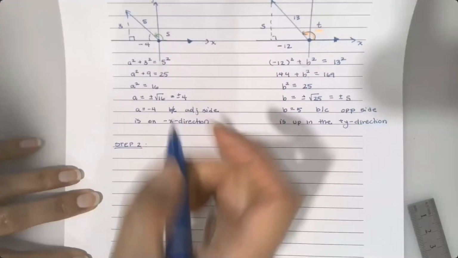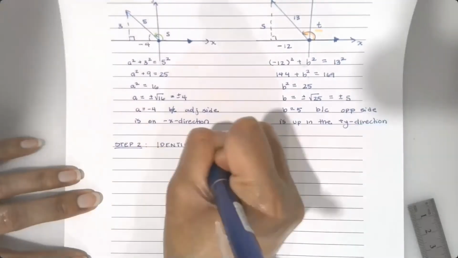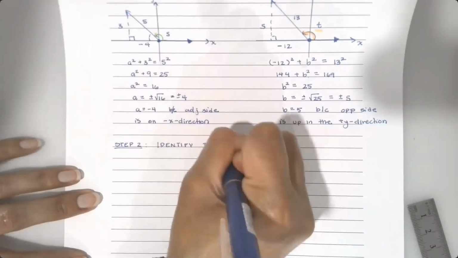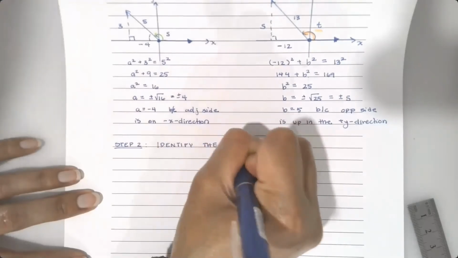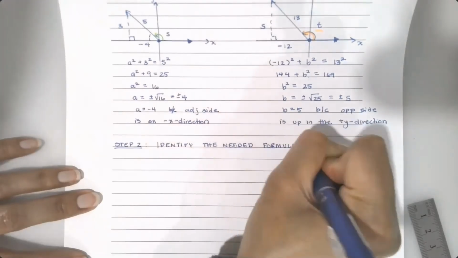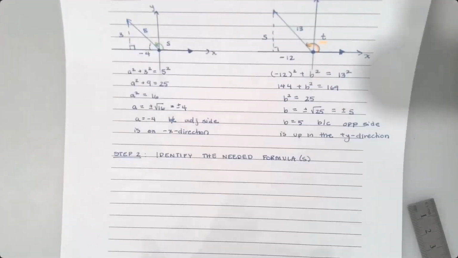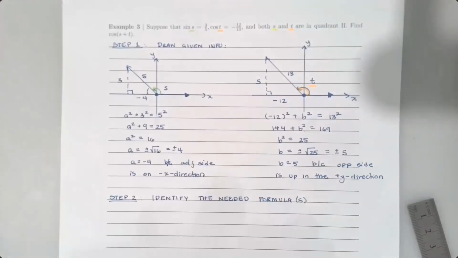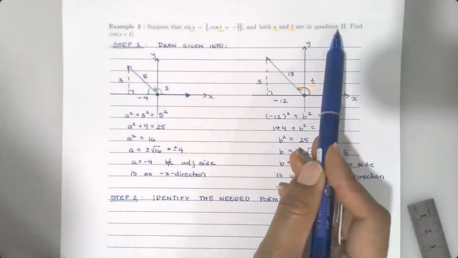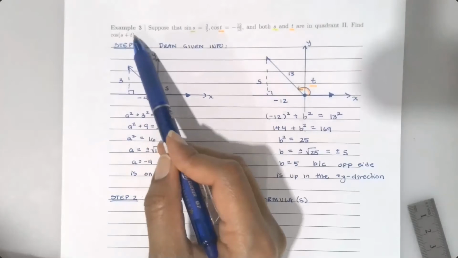Okay, so we're going to identify the needed formula or formulas. So for that, we're going to look back and identify the goal. So this is the given. The goal is to find cosine of angle S plus T. Cosine of S plus T.